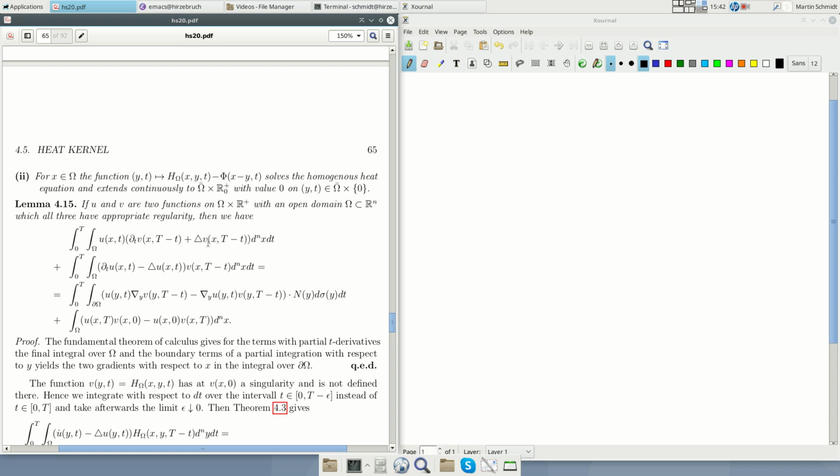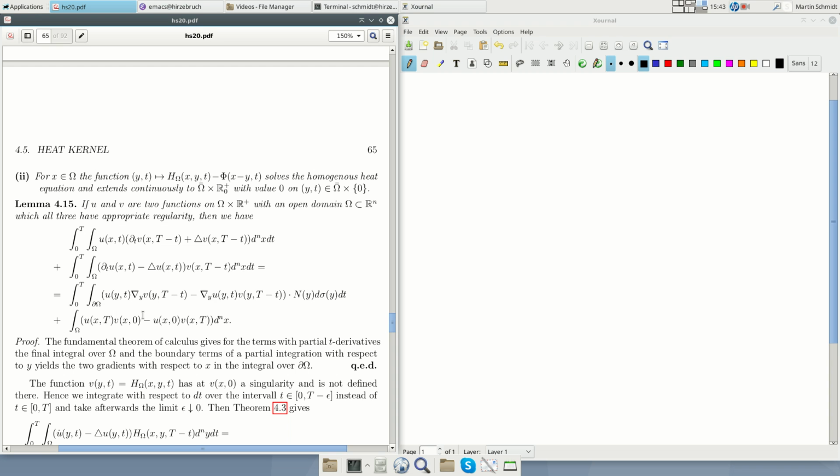And the remaining terms, by Green's second lemma, the mixed terms cancel, and so we only get boundary terms, which we have written here by the divergence theorem.